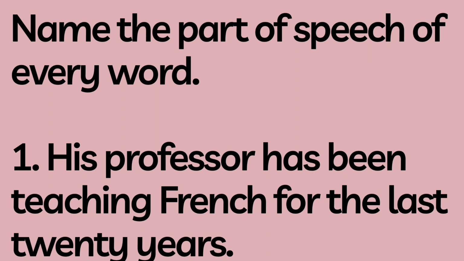The adjective, the word in front of professor, is his. In front of French is the verb. And the third noun in the sentence, years, has got 20, last, and the, all three of which are adjectives. And the small word in the sentence, for, is your preposition.